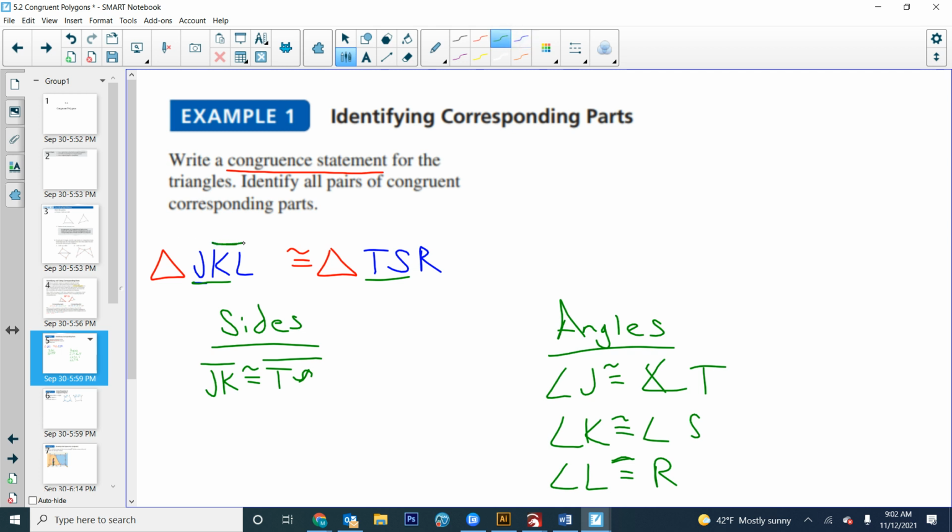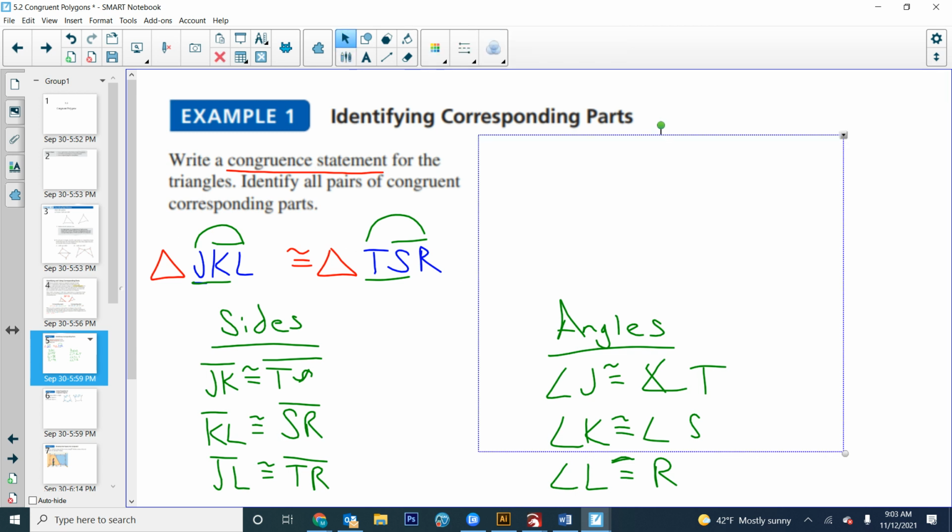Segment KL congruent to segment SR. And segment JL congruent to segment TR. Do you see why I didn't have to cover up the triangle, but do you see how I can do that whole process without the triangle? Okay, now let's look at the triangle and compare our answer.